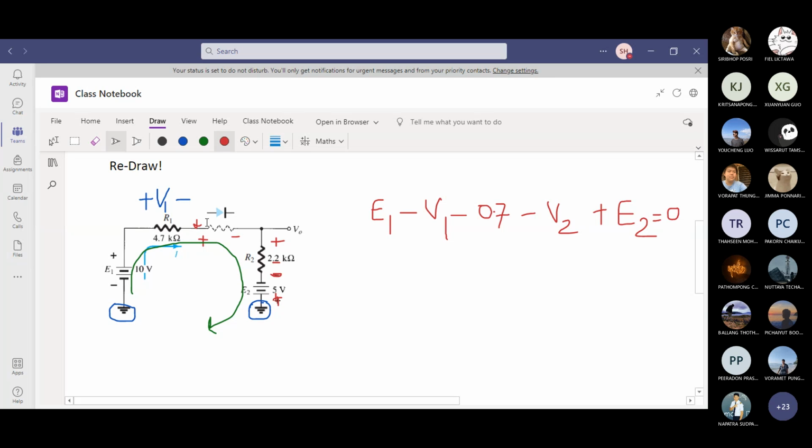So you do the loop equation. I can start with negative E1 on the bottom side. So it will be minus E1 plus V1 plus 0.7 plus V2 minus 5 equals 0. It is the same thing because the right hand side is 0. If you multiply the left hand side with a minus sign, 0 multiplied by minus sign is still 0.